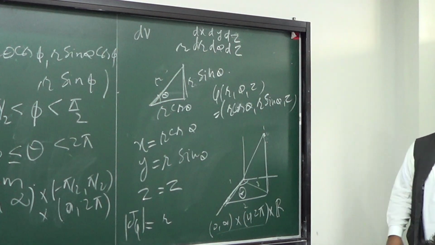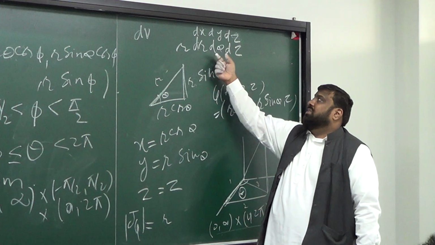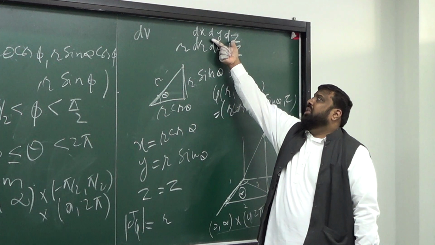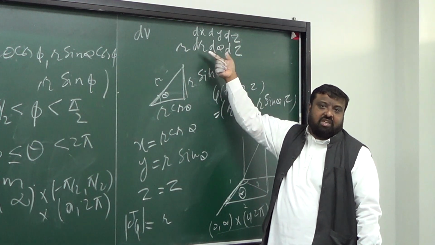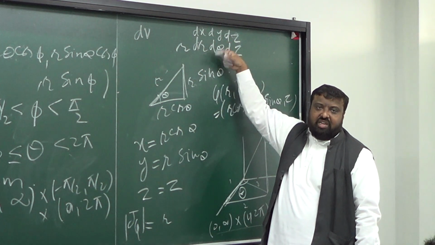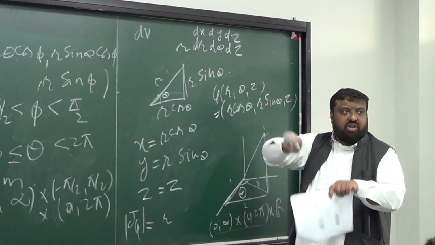So you have a diffeomorphism that takes, for example, a smaller chunk of cubical volume and turns it into a cylindrical volume actually. And how they are related with each other. So r is the factor that is compensating for the volume.